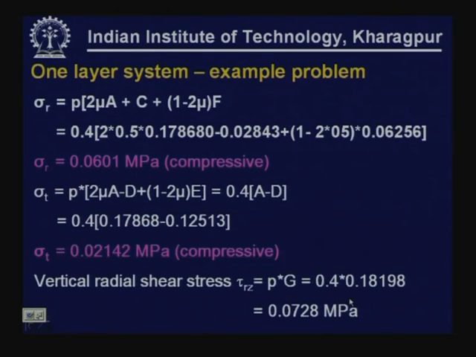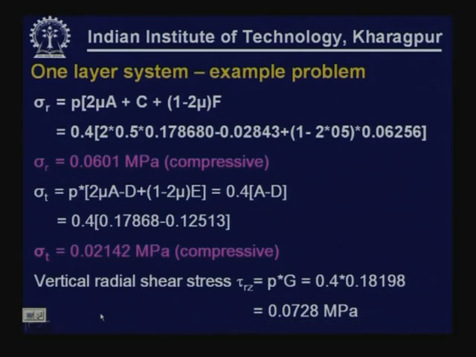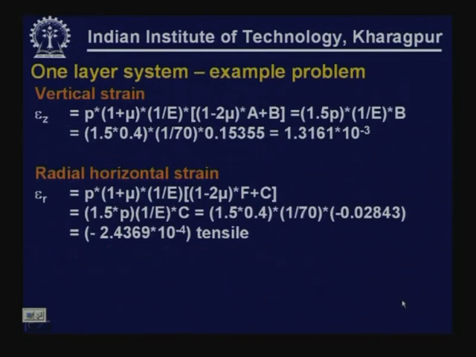Similarly, I have selected all the other parameters C, F and others, and the values that I have calculated for the other parameters sigma r, sigma t and so on are presented here for your reference. Here we have vertical strain for the same problem and also the radial horizontal strain.